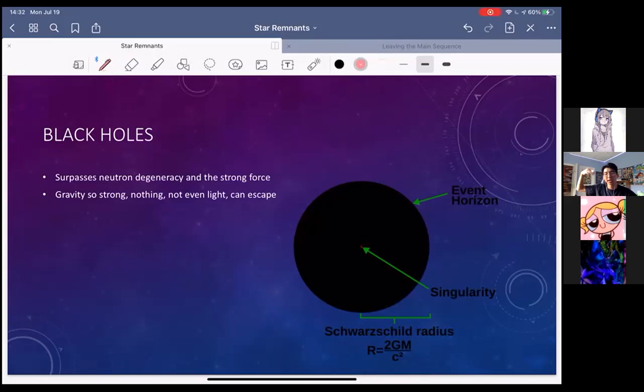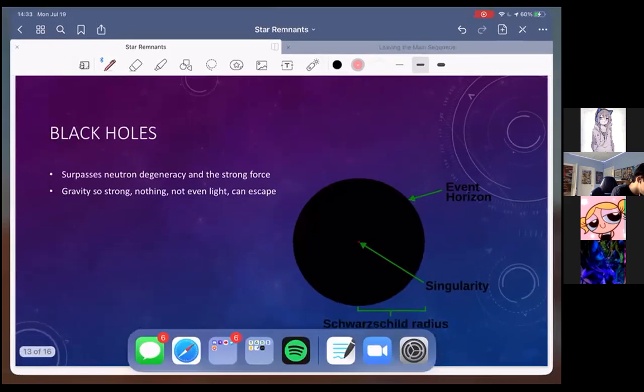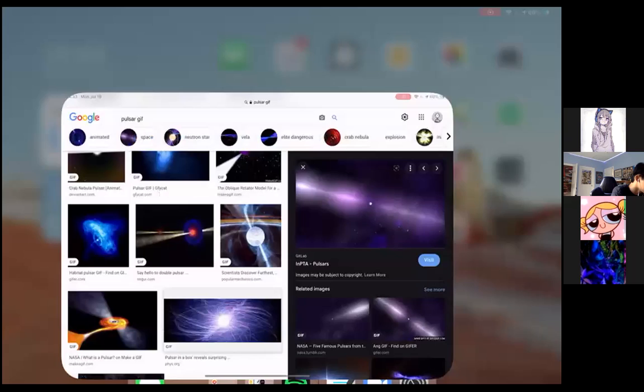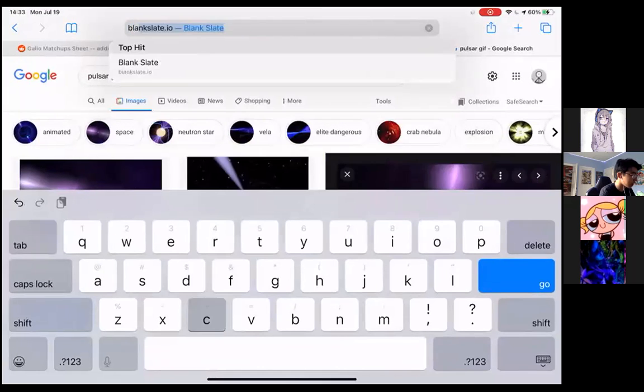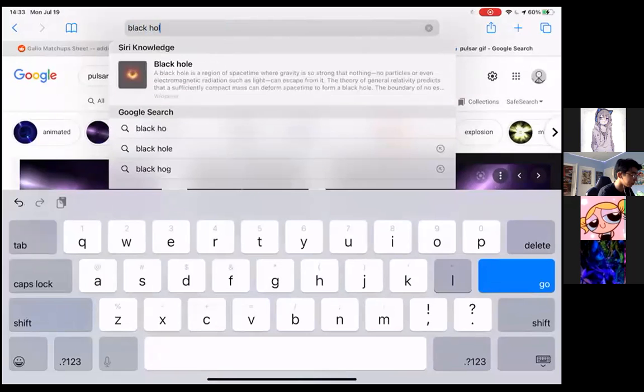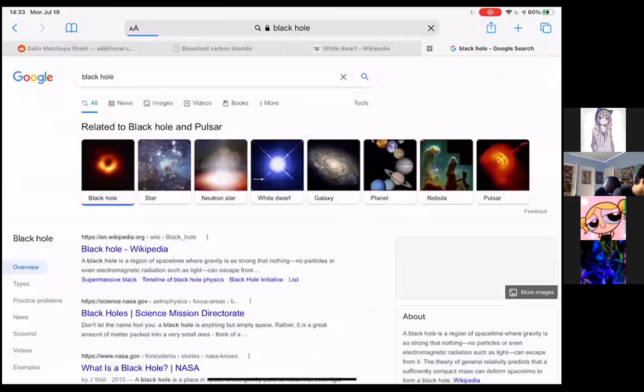They emit so much light at us, we can just point a telescope at one and see it. But a black hole doesn't emit light. In fact, it sucks it in. So it's really difficult to actually find black holes. In fact, last year was the first time we ever saw a black hole. We actually had an image of a black hole here.